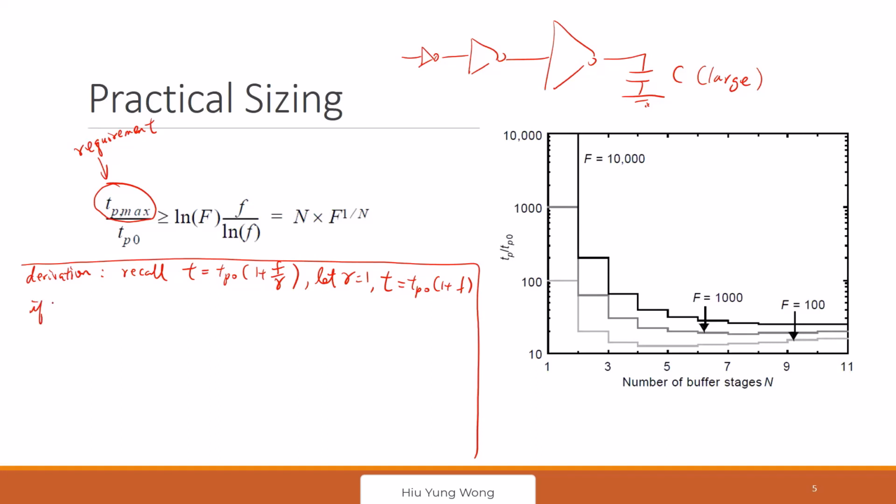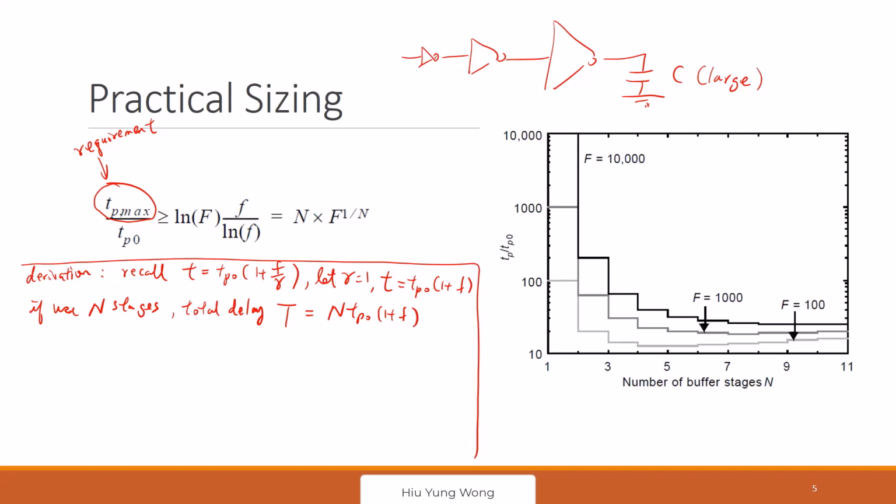So if I use n stages, okay, then the total delay is going to be, let me call it T, equal to n TP0 times 1 plus f, right? If I assume every stage has the same delay, I try to design it so. Is that okay?